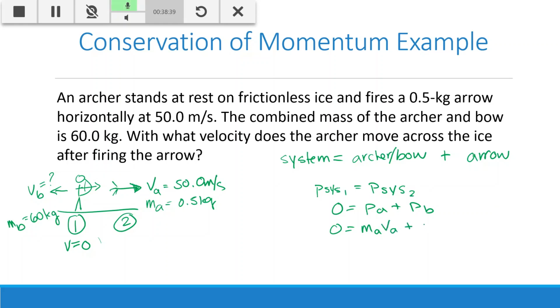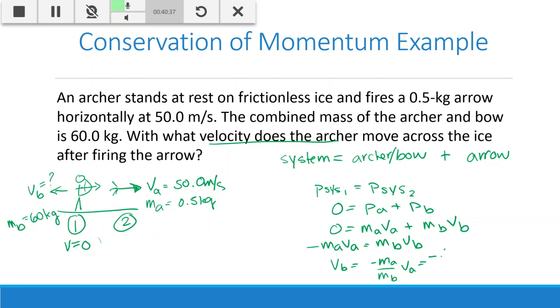The momentum of object B is going to be MB times VB. We're looking for the velocity that the archer moves, so that's VB. Solving, I get negative MA VA is equal to MB VB, so VB is going to be negative MA over MB times VA.